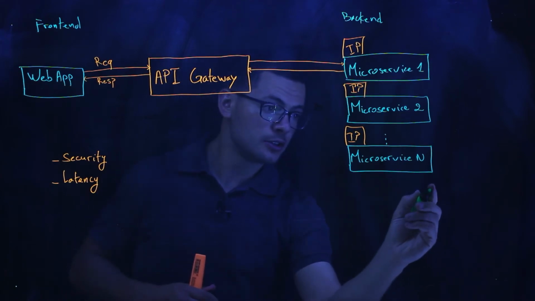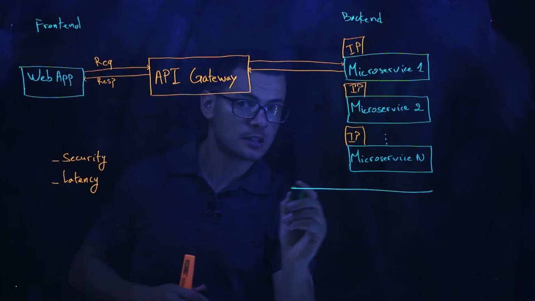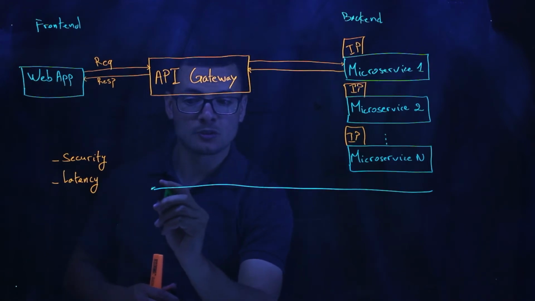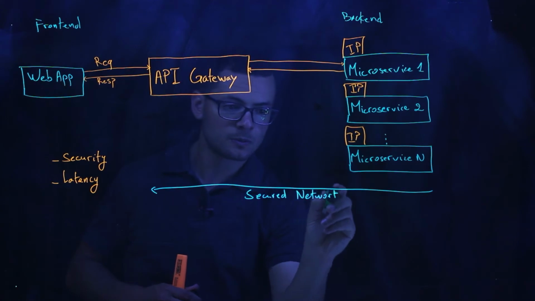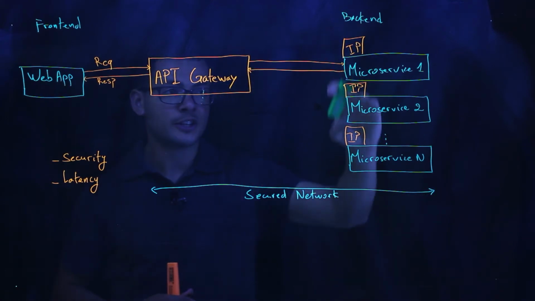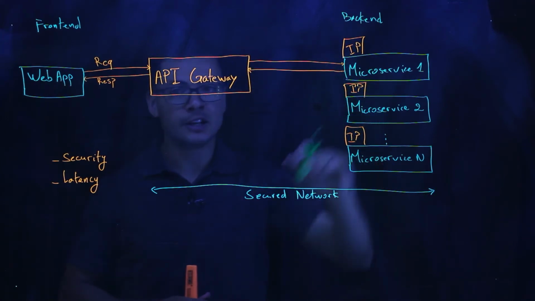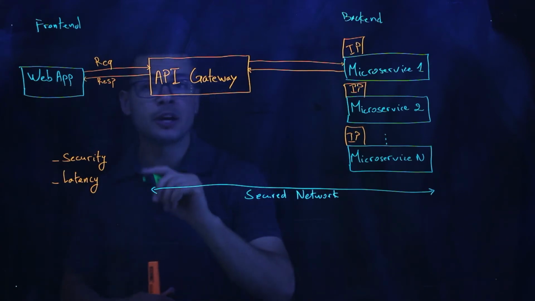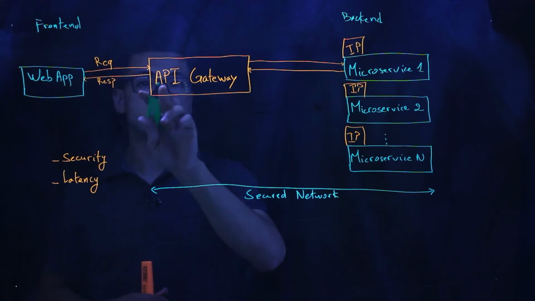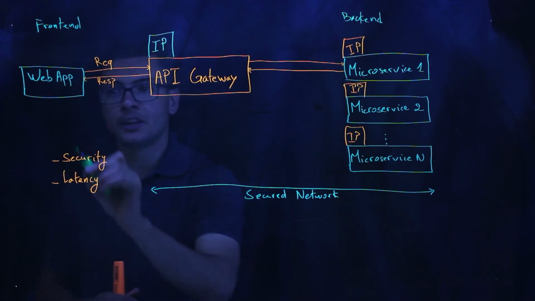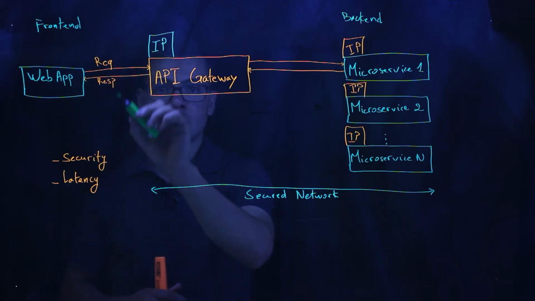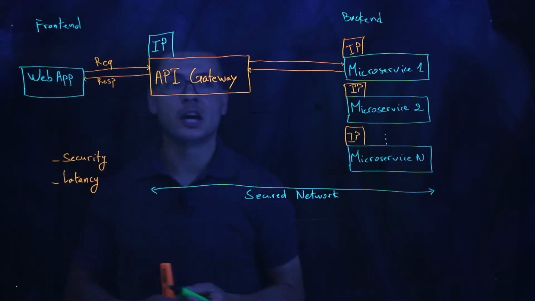So let's draw that here. Let's say this part could live inside a secured network, which means that those IP addresses will be private IP addresses. And the only IP address that we'll expose here is the one for the API gateway. So here, this will be a public IP address so that the web app could reach the API gateway through its IP address.